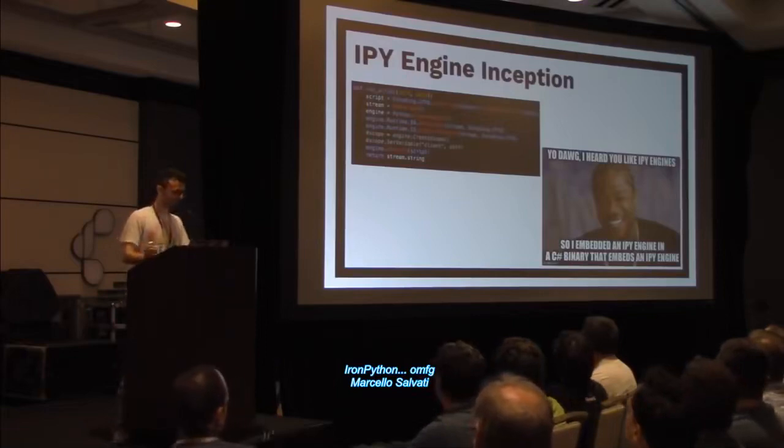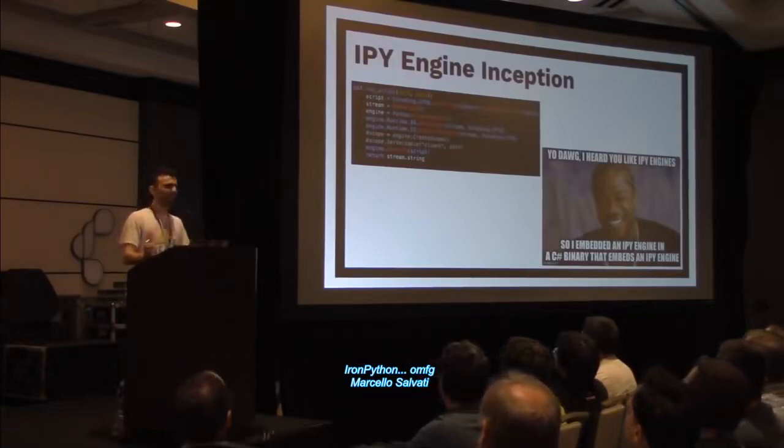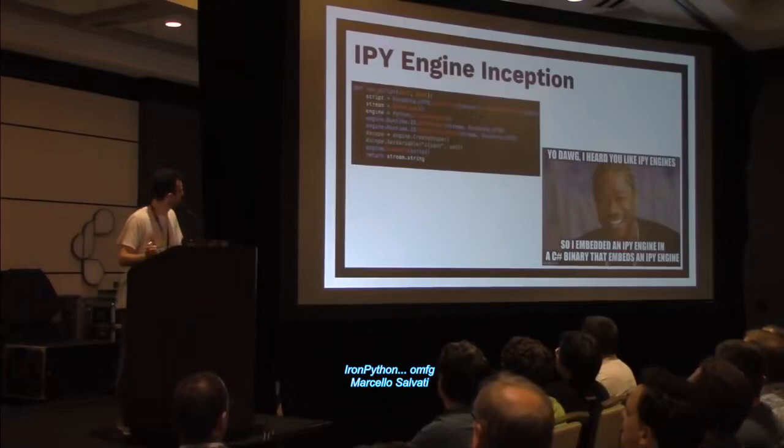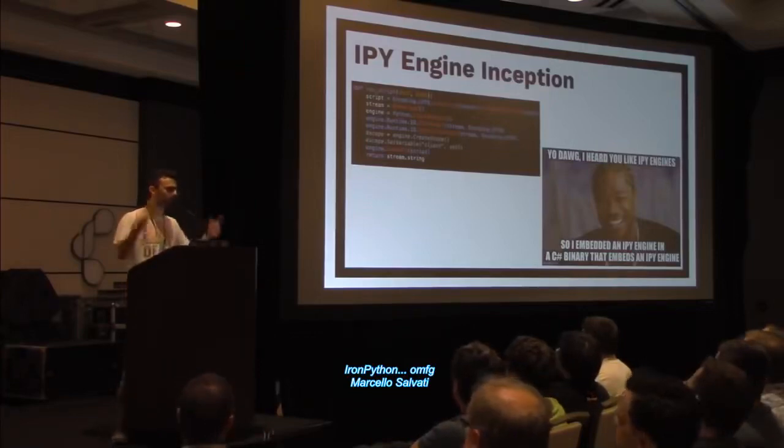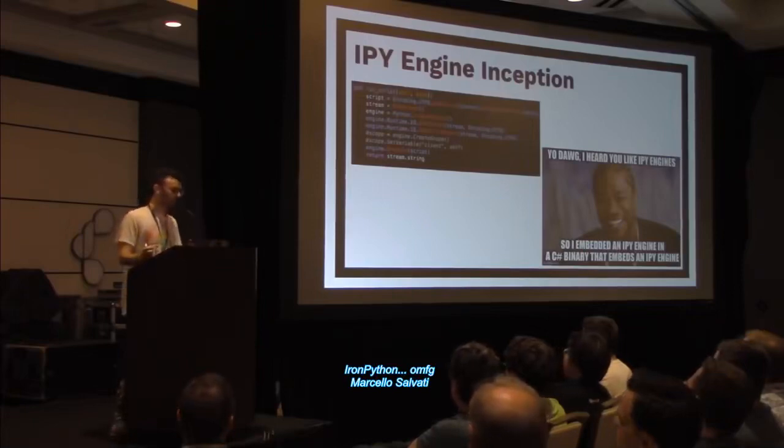So you can embed, everyone stay with me here, I'm struggling myself to explain this in a concise way. You can embed an IronPython engine within an IronPython engine within the C# binary. So you can embed multiple IronPython engines within IronPython engines, which is awesome.